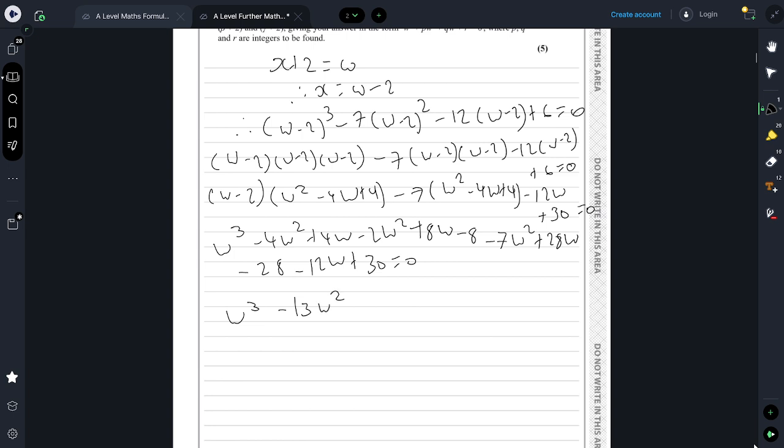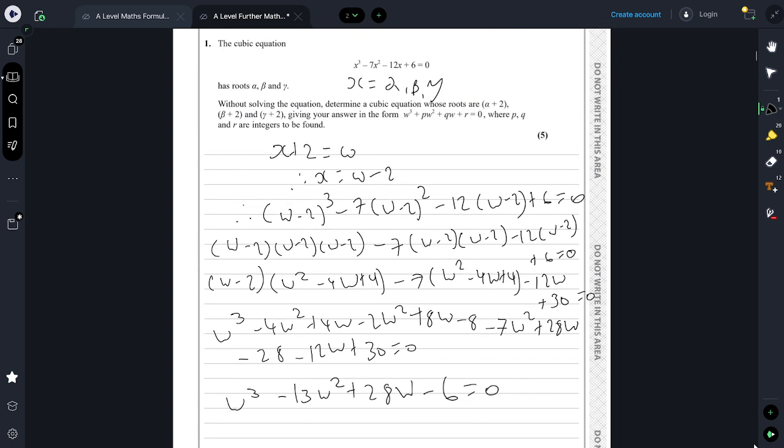Then let's collect all the w's together: 4w, 8w, 12w, plus 28, minus 12, that'd be 40w minus 12, that'd be 28w. And then we add the constants together. There's minus 8, minus 28, that would get you minus 36. Add 30, that'd be minus 6. And that, I believe, should be the cubic.